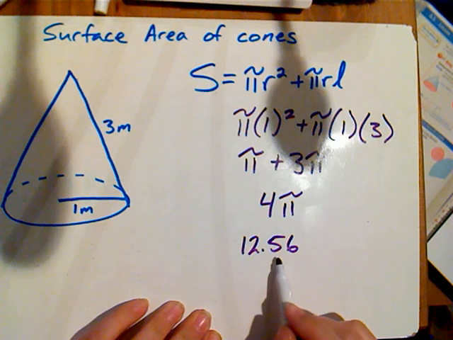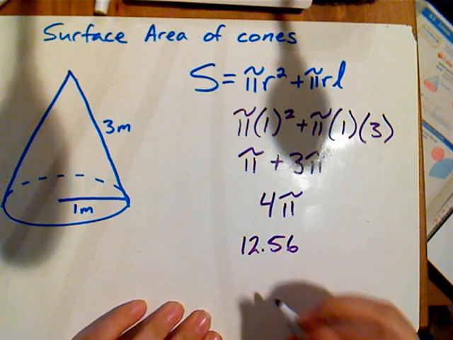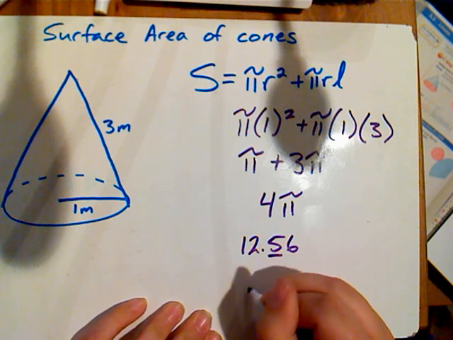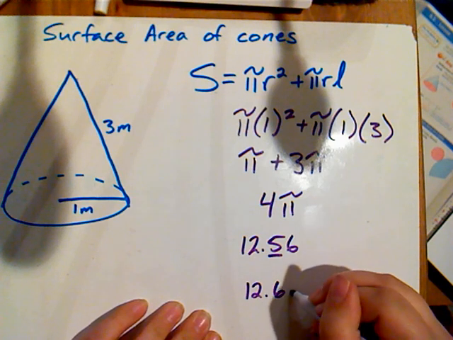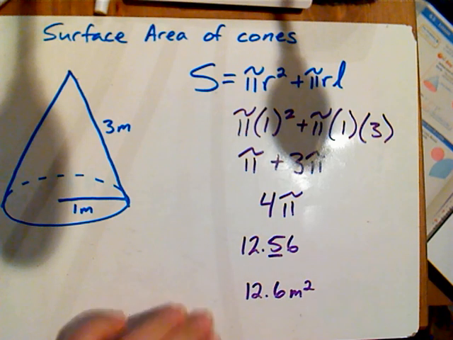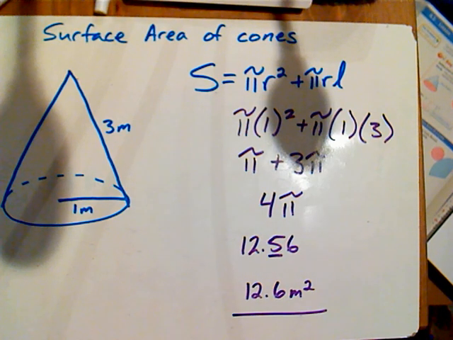Remember, once again, we're rounding to the nearest tenth. So our answer is 12.6 meters squared. Okay, and that is our surface area for our cone.